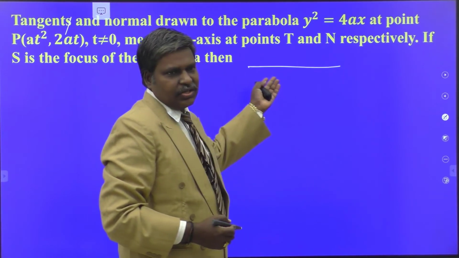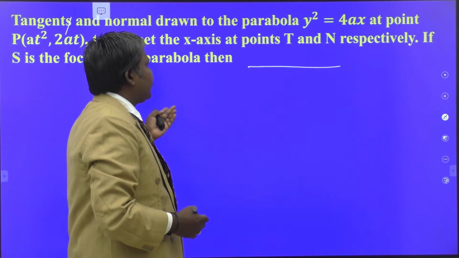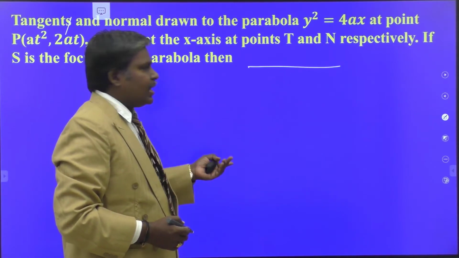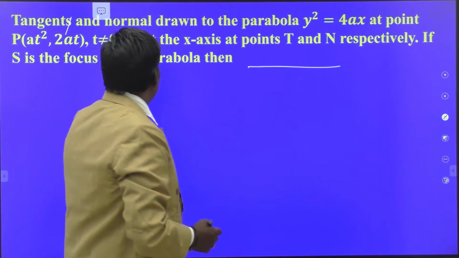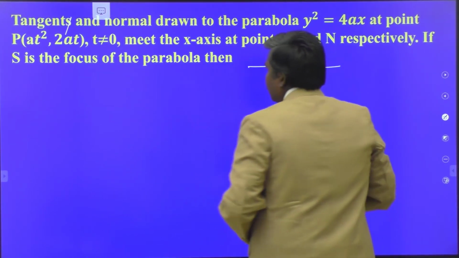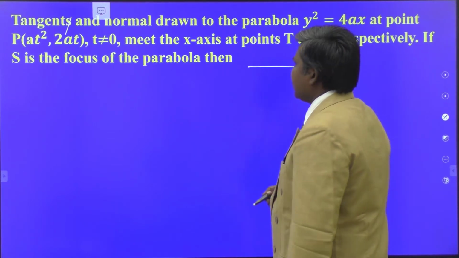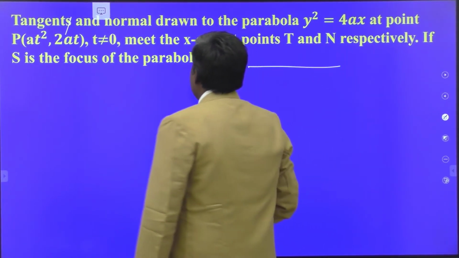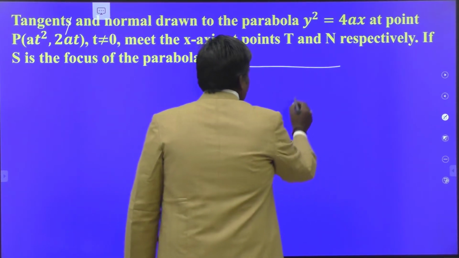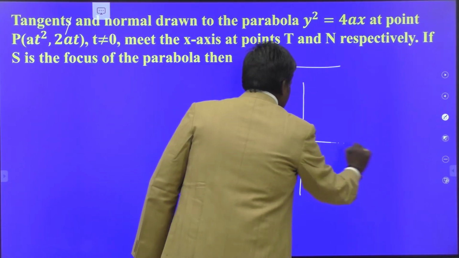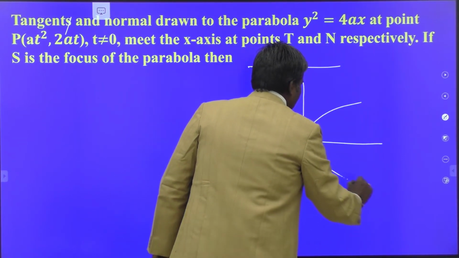Already we discussed the concept in one of the problems related to normals in the previous class. Even though we discussed it, we will do it once again. Tangent and normal to the parabola y square equal to 4ax at the point (at square, 2at) meet the axis at the points T and N. We mean these are the coordinate axes. This is the parabola.